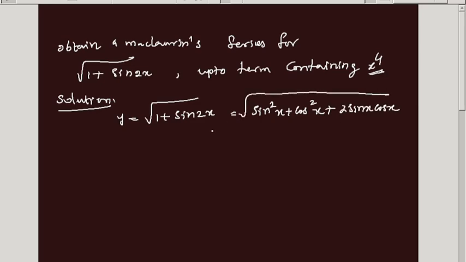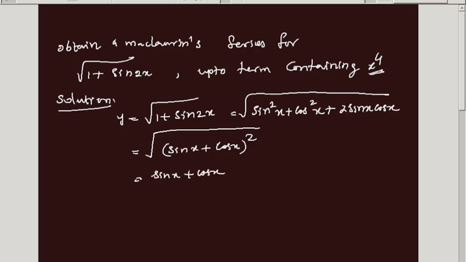So this is nothing but the form of a square plus b square plus 2ab, which is nothing but sin x plus cos x whole square. So here square root and the square get cancelled. We can write y equal to sin x plus cos x. Now we differentiate this 4 times.